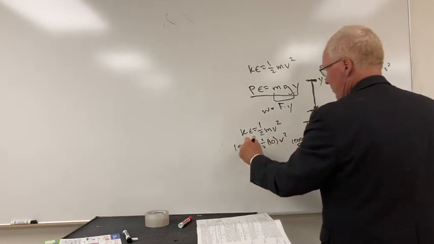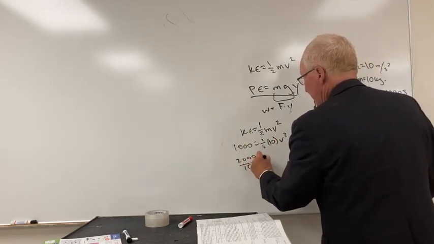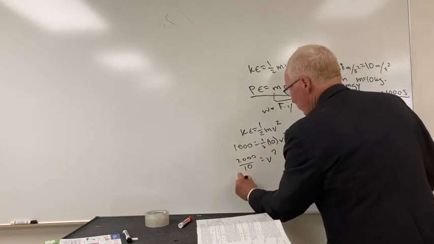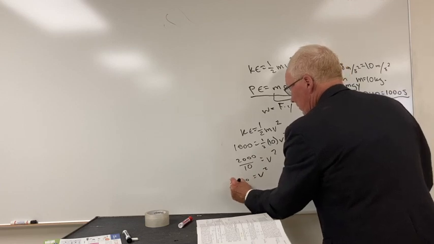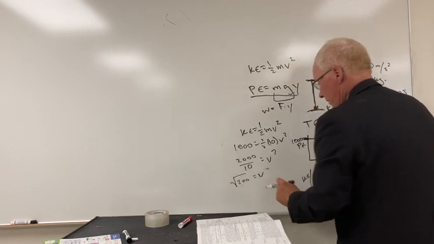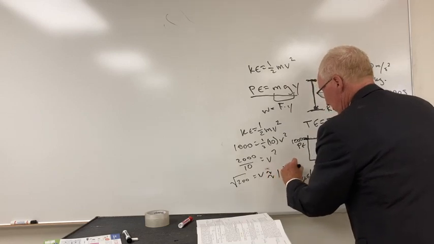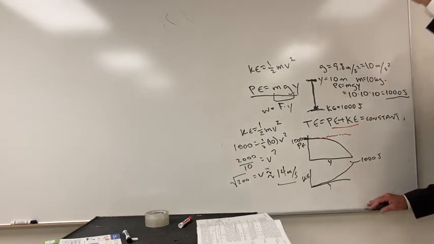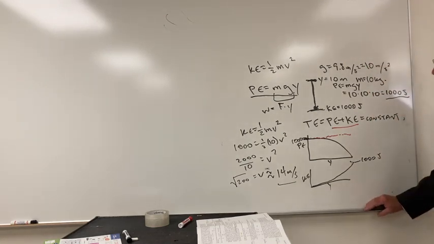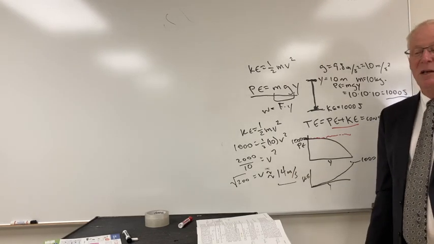So multiply by 2, so it's 2,000 over 10, which is v squared. 200 is v squared, so v is the square root of 200, which is roughly 14 meters per second. So if you drop it from 10 meters high, which is about 3 floors, it'll be going roughly 14 meters per second, or a little bit over 30 miles an hour when it hits the ground.